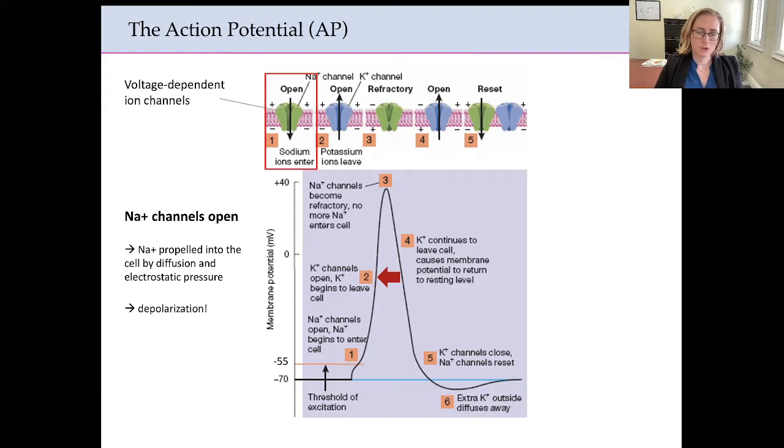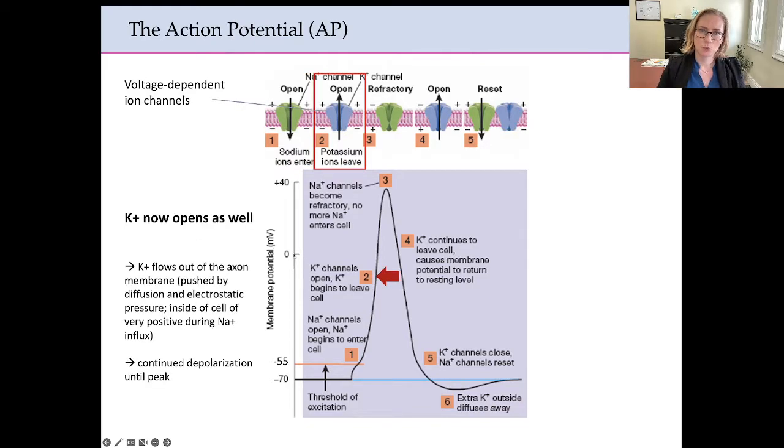Somewhere around here, during this depolarization, usually around 0 microvolts, is when potassium channels are also going to open. They were closed beforehand, but this depolarization leads to potassium channels opening up. So in our little blue bell peppers, this is a potassium channel. Potassium channel is open. And because potassium was being kept inside of the cell, it starts flying out of the cell, right?